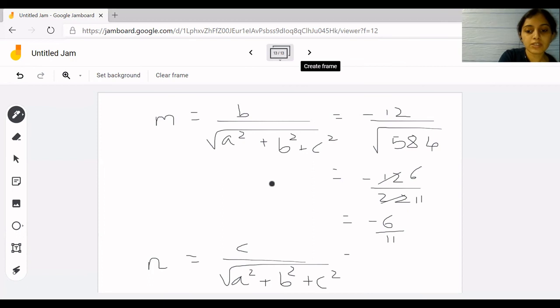So basically we need to know our formulas well, then this chapter itself is very easy once you understand the basics of your vectors. 18 upon 22 is 9 upon 11. So the direction cosines are 2 upon 11, minus 6 upon 11 and 9 upon 11.